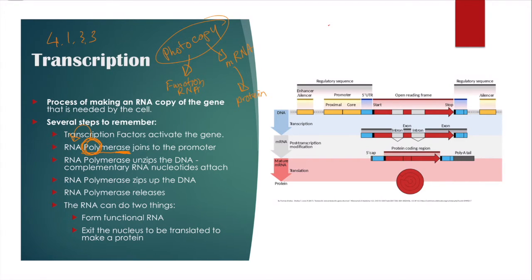The body actually has to turn it on and say, I need this gene right now, I have a lack of it out here. You need to actively get in there and make a copy of it. And if you're really low, they'll make multiple copies of it so that you get multiple copies of whatever functional molecule you need. Now, those little signals to turn that gene on, to make it activate and be ready to be photocopied, are called transcription factors.